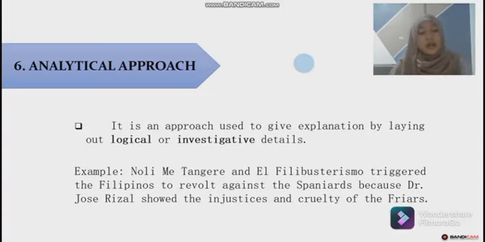In this given example, Noli Me Tangere and El Filibusterismo triggered the Filipinos to revolt against the Spaniards because Dr. Jose P. Rizal showed the injustices and cruelty of the friars. So these two books of Dr. Jose Rizal contain the violence, injustices, and cruelty that the friars and Spaniards made to us.